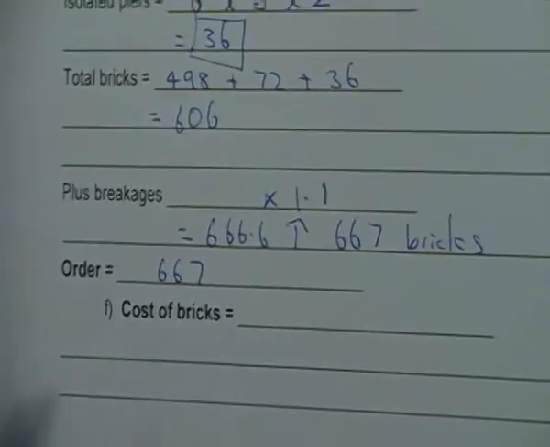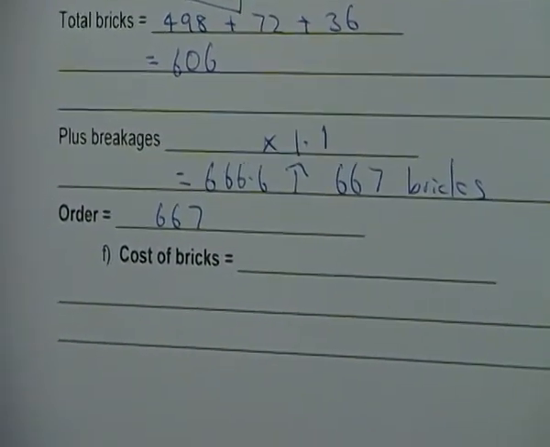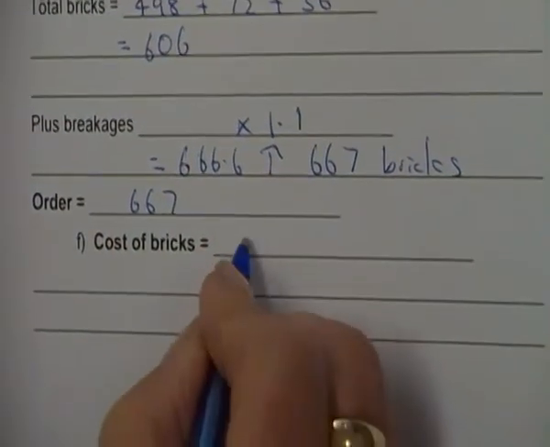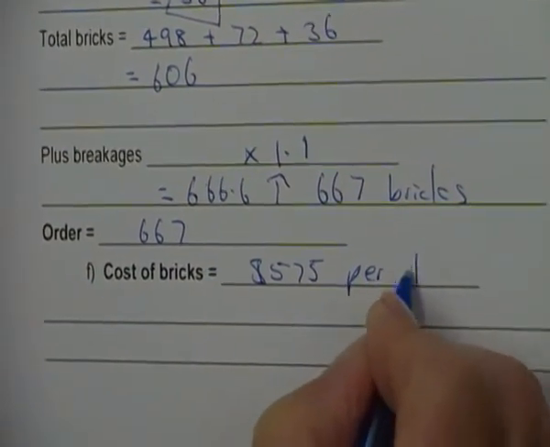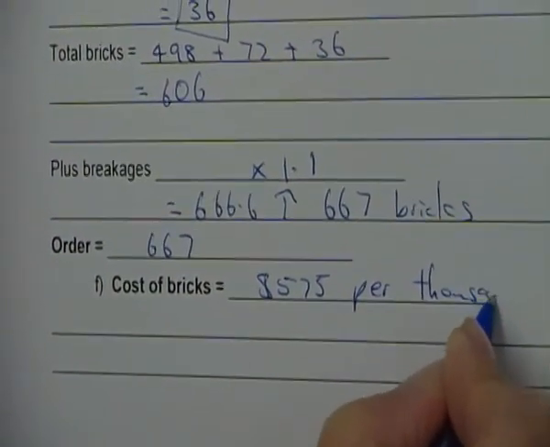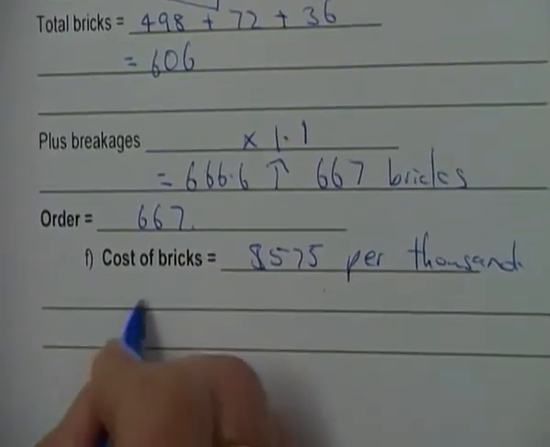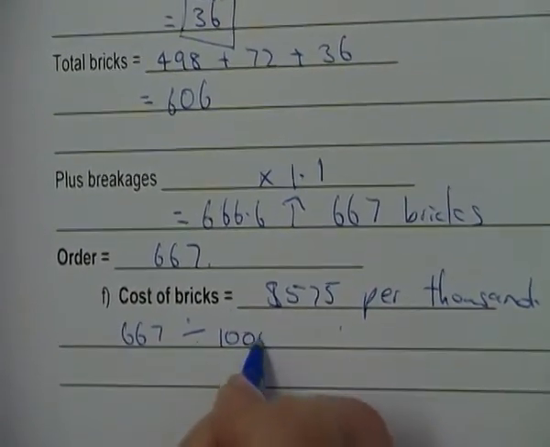So the cost of the bricks, it says in the question, the cost of the bricks at $575 per 1,000. So it's 575 per 1,000. So I have to make either that or that out of 1,000. I'm just going to do 667 divided by 1,000.